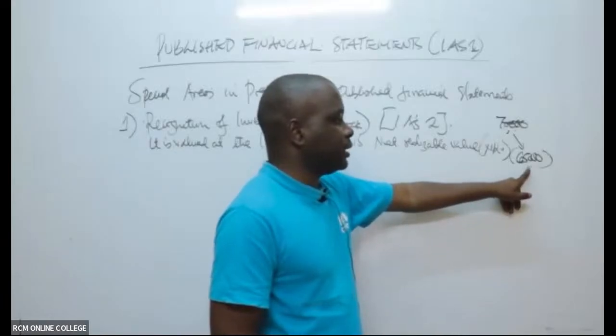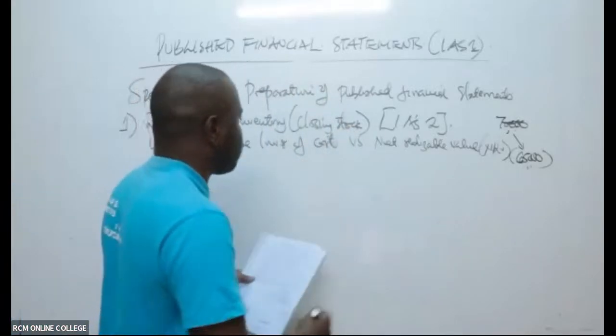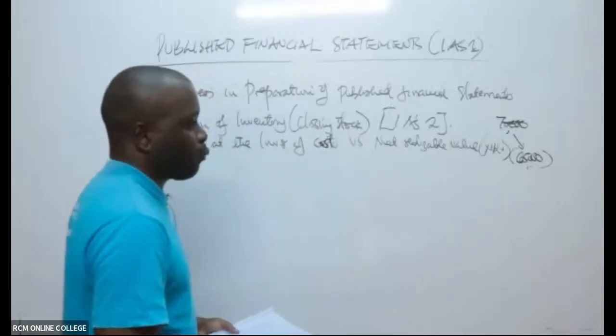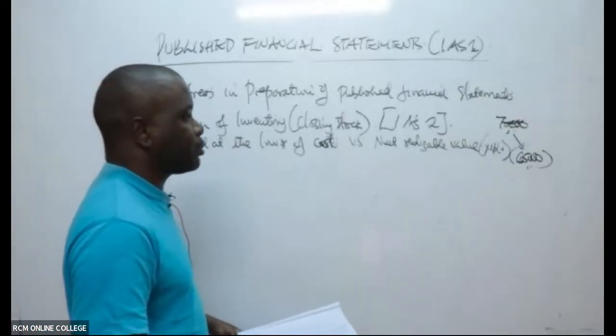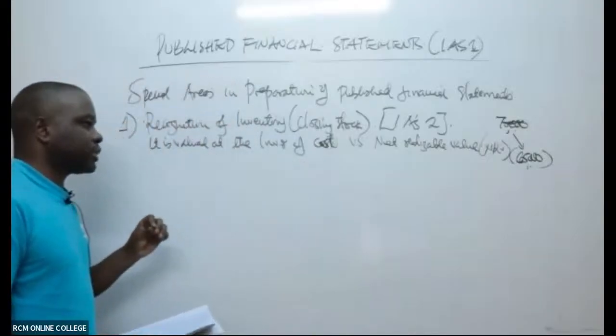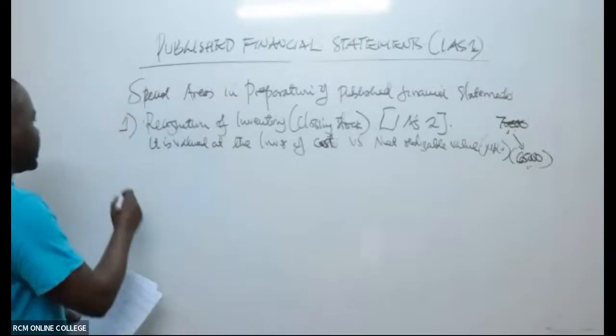This is NRV, because you take the lower of the two, the lower of cost and the net realizable value. So you'll take 65,000 as the value to determine the closing inventory to be used in the balance sheet. And of course, this is used when we are determining the cost of sales.